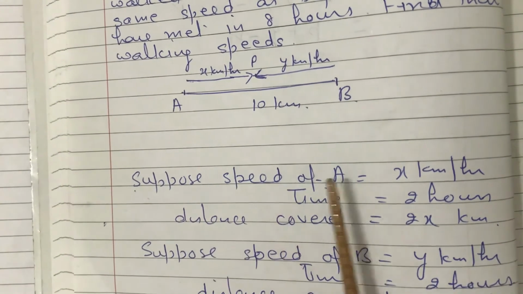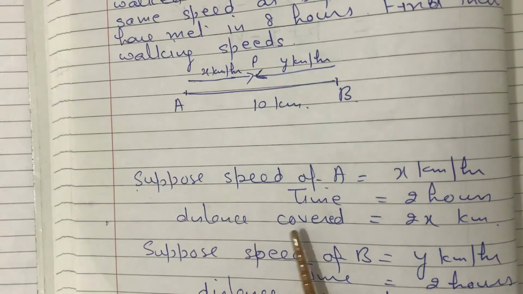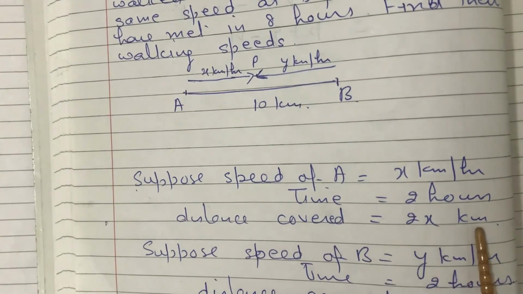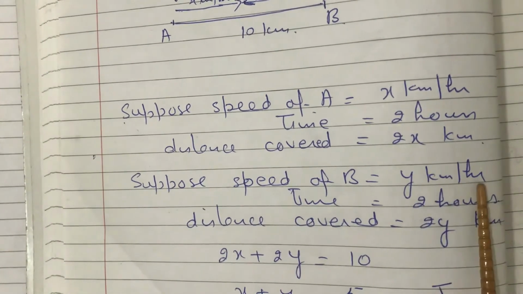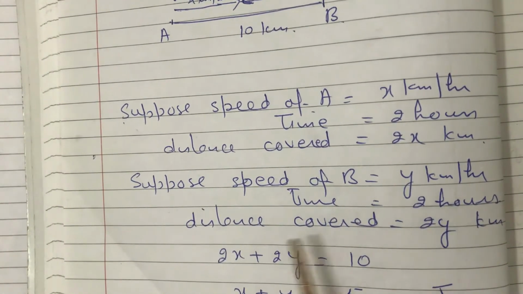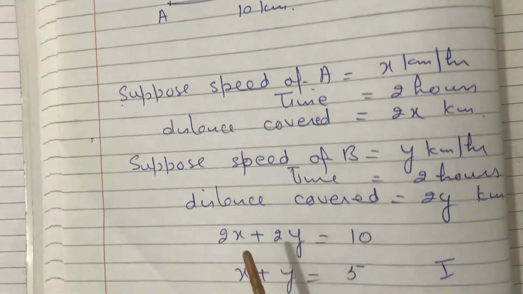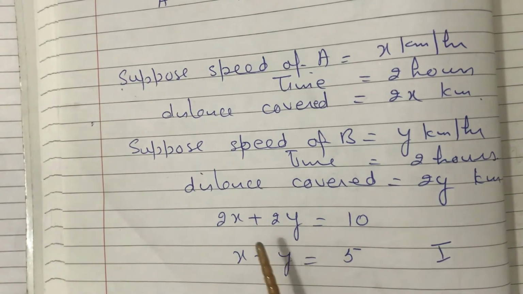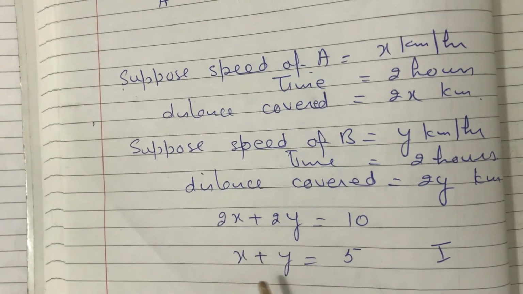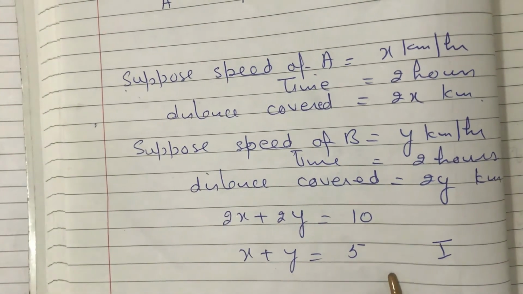Suppose the speed of A is x km per hour. Time is 2 hours, so the distance covered is 2x km. Suppose the speed of B is y km per hour. Time is 2 hours, so the distance covered by B is 2y km. So according to the question, 2x plus 2y is equal to 10. If we divide by 2, we get x plus y is equal to 5. So this is our first equation.